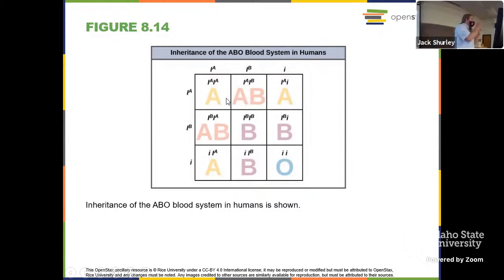You've only got 2 alleles, all right? But we've got multiple opportunities up here, just depends on who you are, all right? We call this multiple allelism. So there's more than two alleles in a population, right? There's A alleles, B alleles, and O alleles, or the little i's, right? Dependent upon what your combination is, gives you your respective blood type, right?